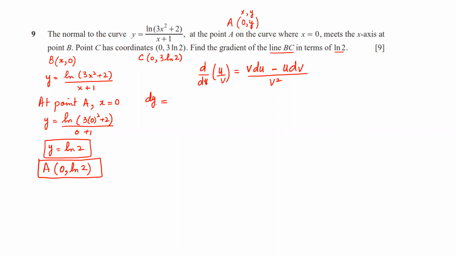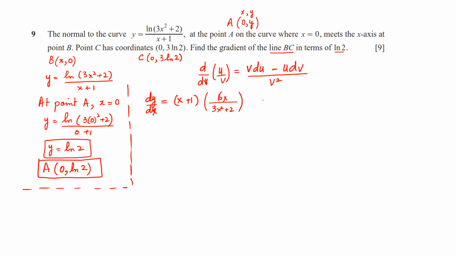So let's find out dy by dx. Second function times the derivative of first. The derivative of first will be 1 over 3x squared plus 2, multiplied by 6x.